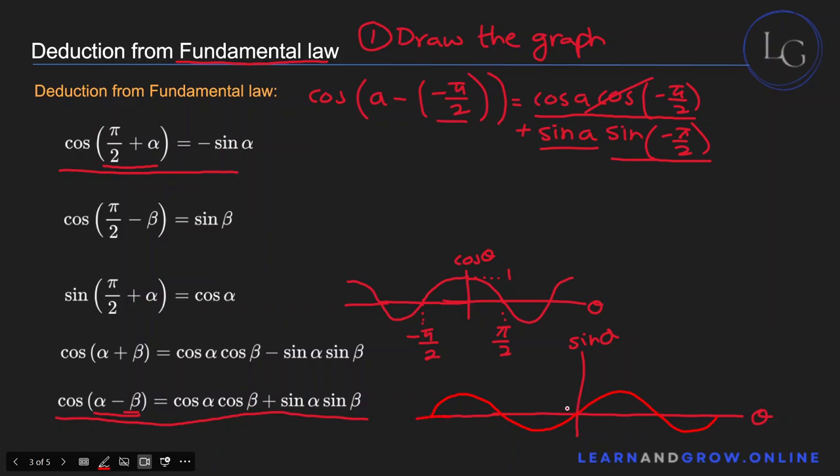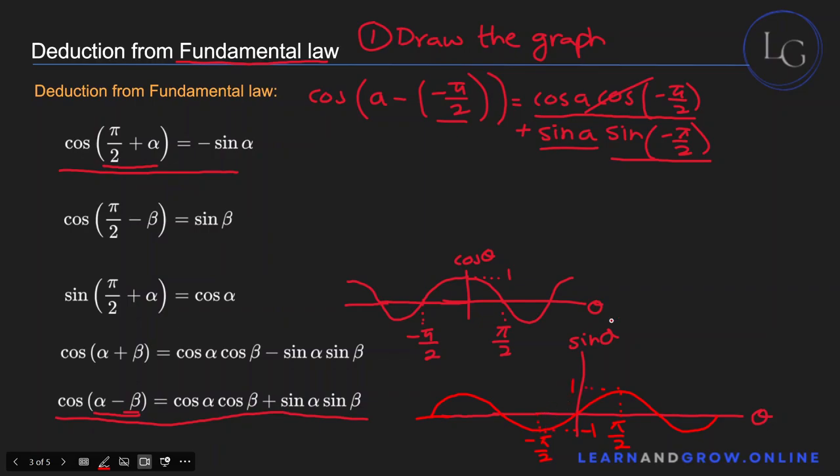negative theta axis. Now you can see over here, this is the point negative pi by 2, and this is the point positive pi by 2. And at negative pi by 2, the value of the sine function is negative 1, as opposed to positive pi by 2, where the value is positive 1, right?